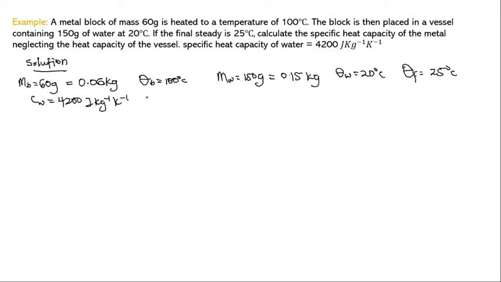Alright, so now that we have the parameters, let's go ahead and look at how to solve this problem. Now we have a metal ball that we've heated, and then we transfer it into a vessel containing water.